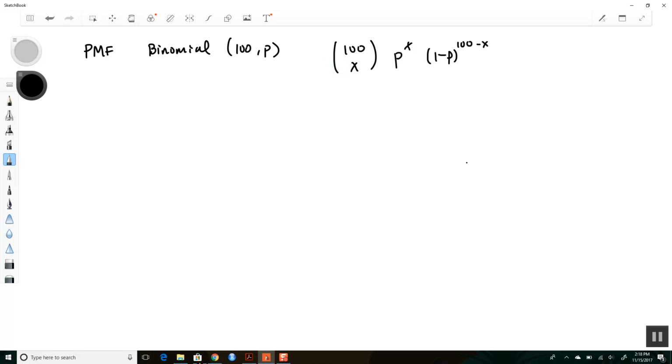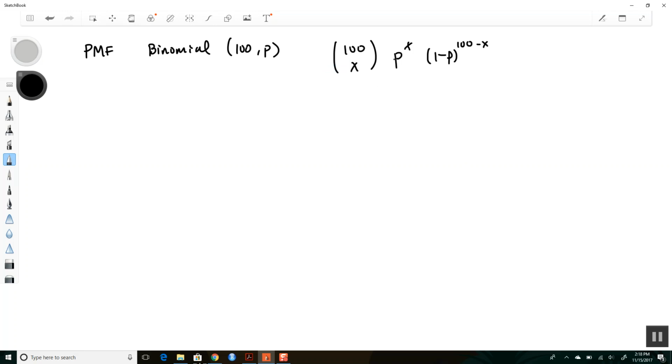The PMF for binomial with 100 comma P would be 100 choose X, P to the X, times 1 minus P to the what? I'm sorry, not an N, but 100 minus X, right?